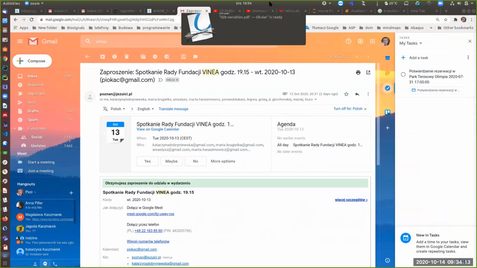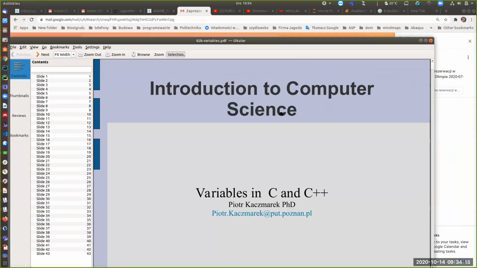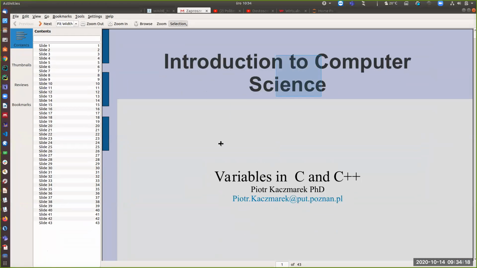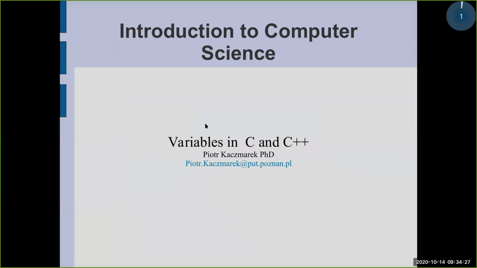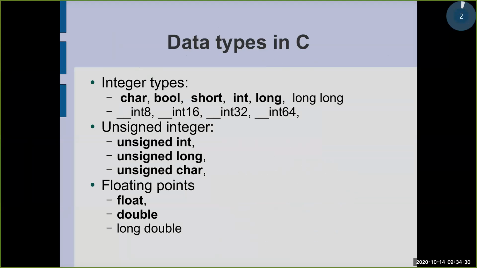Okay, so now we start the lecture about variables in C++ and in C. So look, in our program, if we want to represent values, so for example, I'd like to get a value from the user.